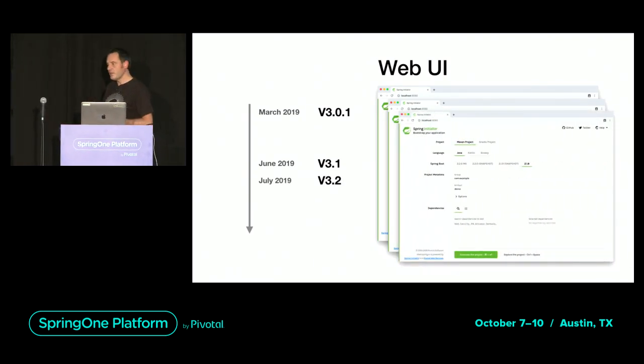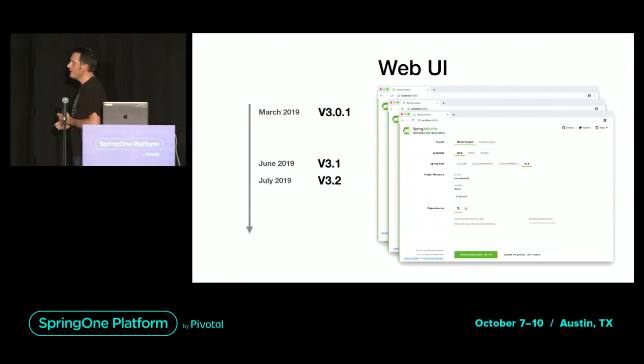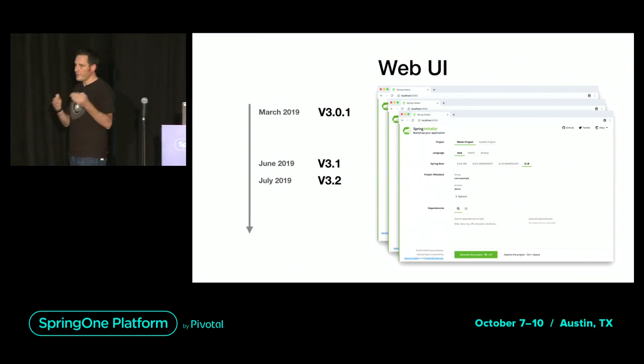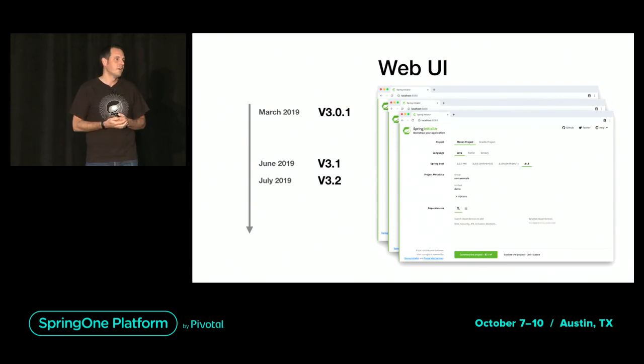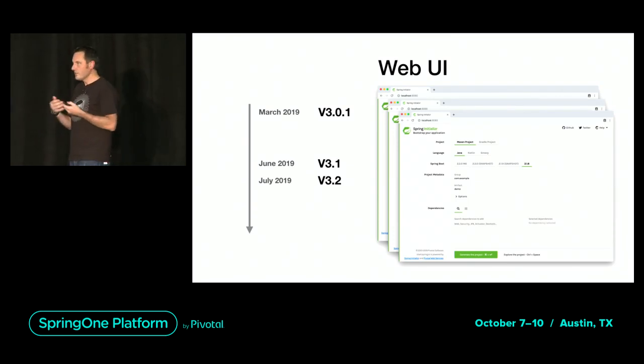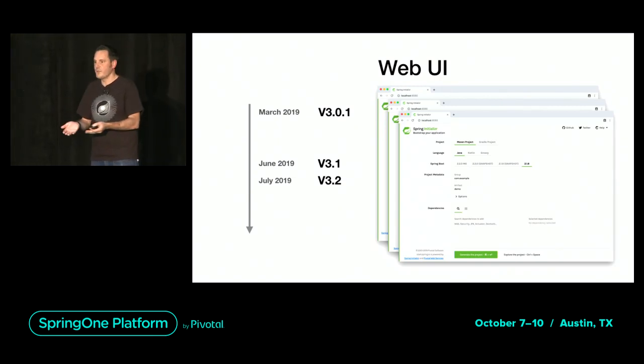A month later, a new feature to help you explore the project. So that's a direct byproduct of the survey. One of the things that the users told us using that survey is that they actually go on the site not to generate a new project, but to look at something.